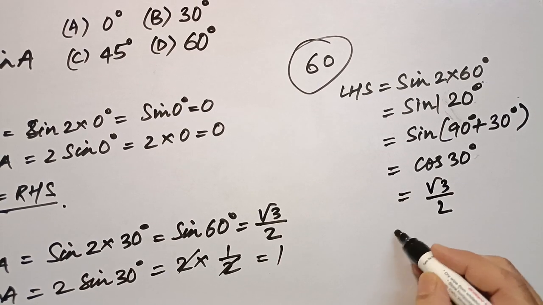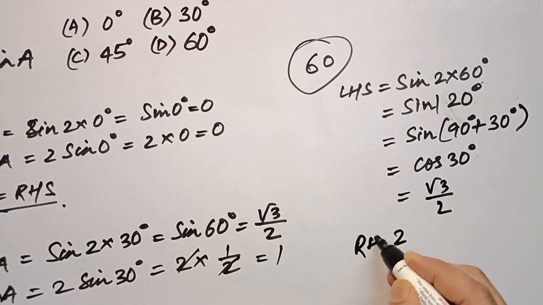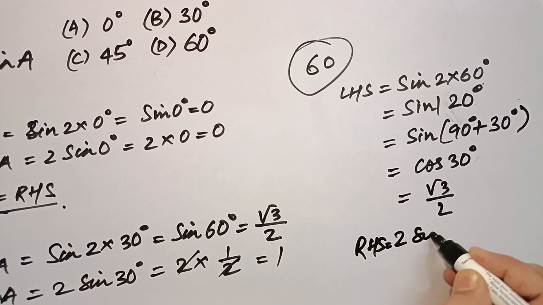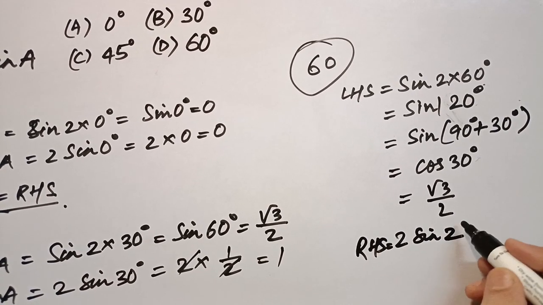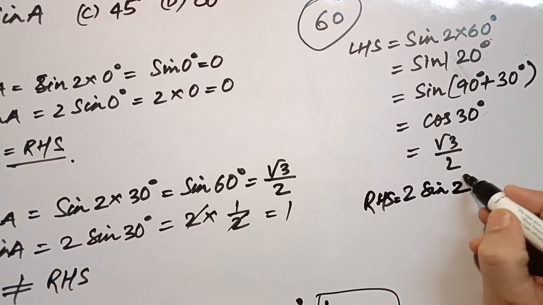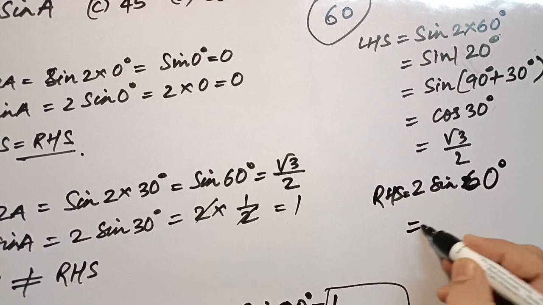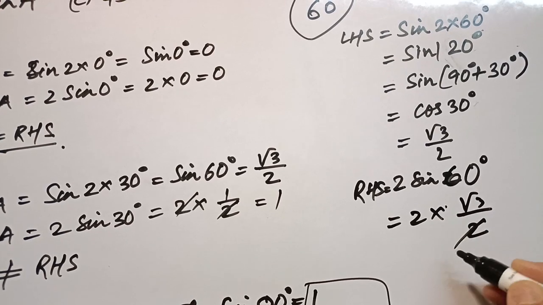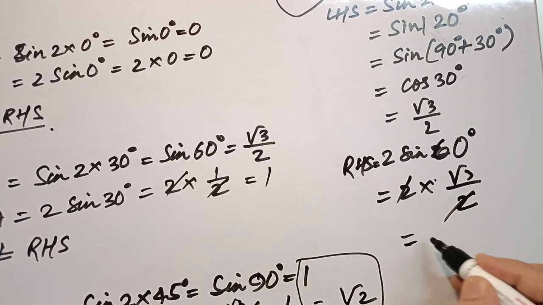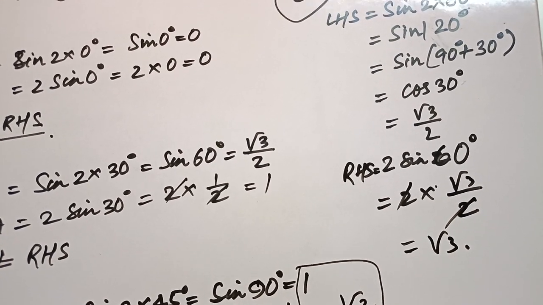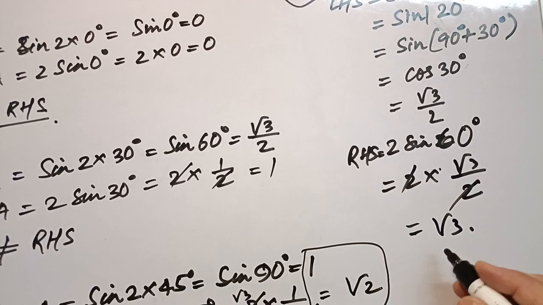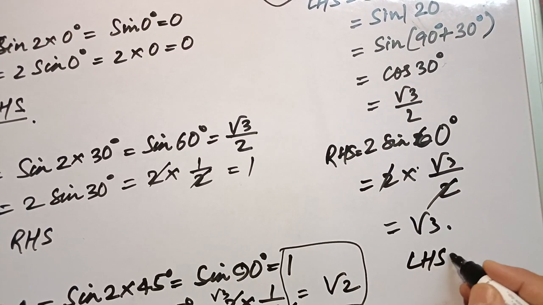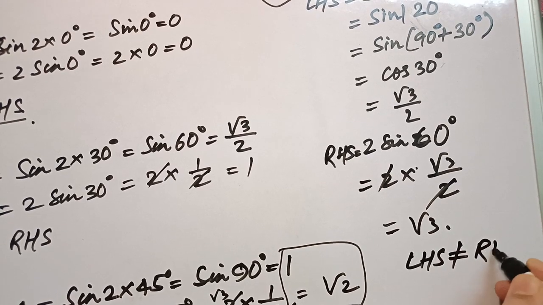And let us check the right hand side, RHS: 2 sine 60 degree. 2 into sine 60, where sine 60 is root 3 by 2. If you cancel these two, you will get root 3. So what we can say, left hand side doesn't equal right hand side.